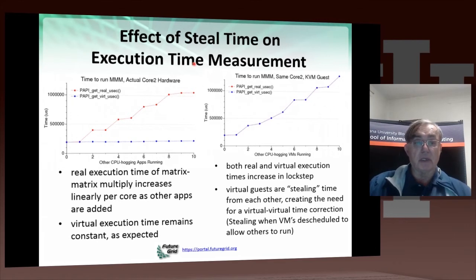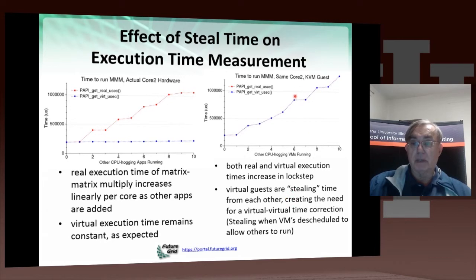Here we have a non-virtualized environment. We have the real wall clock time, and here we get the time. These are matrix multiplies, so it should be a fixed time. So this is the time for the matrix multiply, as a function of the number of other things running on your system. And here we do not.